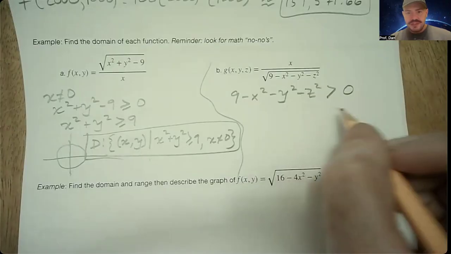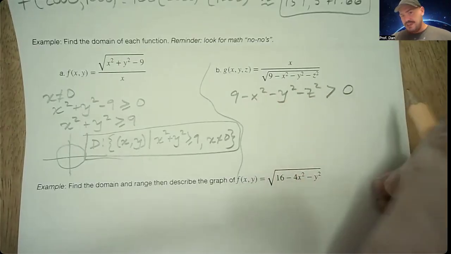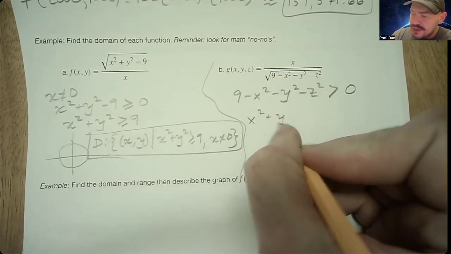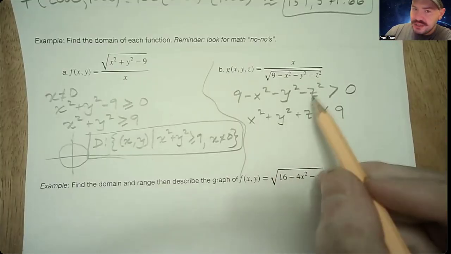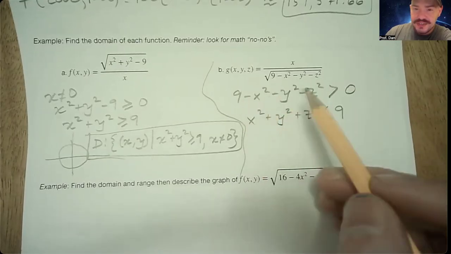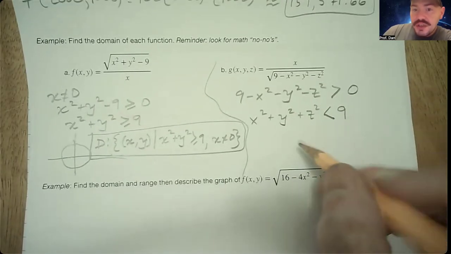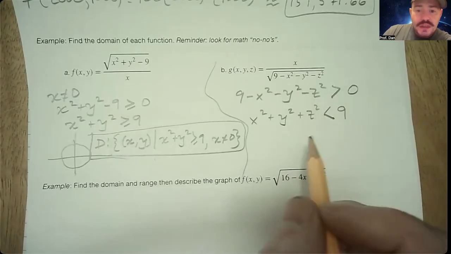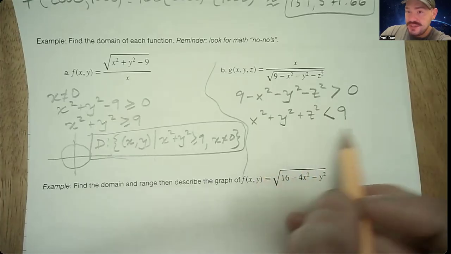Now, if I were to rearrange this, I could add x squared, y squared, and z squared to both sides of my inequality. And then I would get x squared plus y squared plus z squared is less than 9, right? Or if you just added, you would say 9 is greater than that, which is the same thing, just written in the flipped order. So hopefully we recognize what this is.